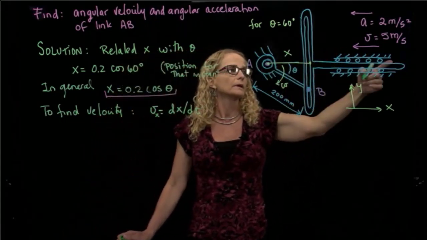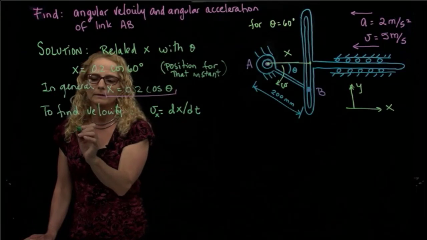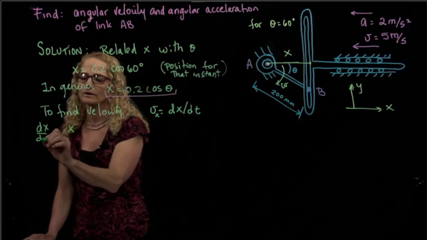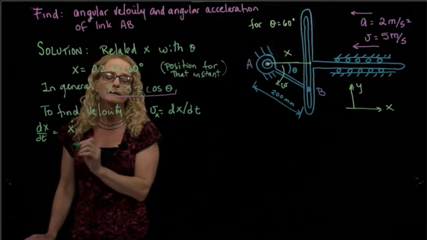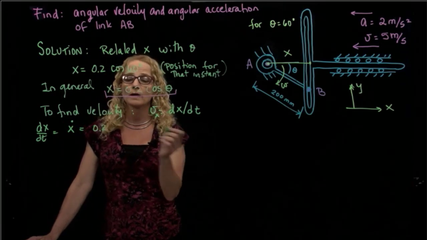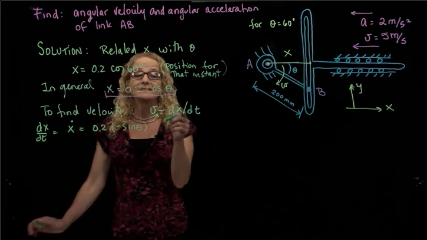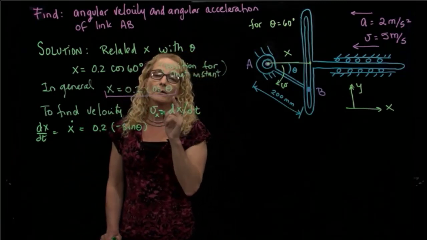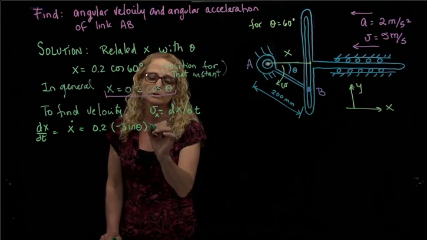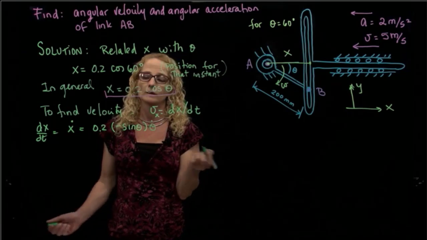So x dot will be 0.2, which is a constant, times the derivative of cosine, which is negative sine of theta. But since I'm deriving with respect to time, it's very important that you do not forget the internal derivative, which is theta dot. And that theta dot is actually our angular velocity.